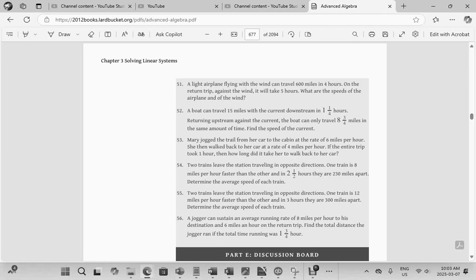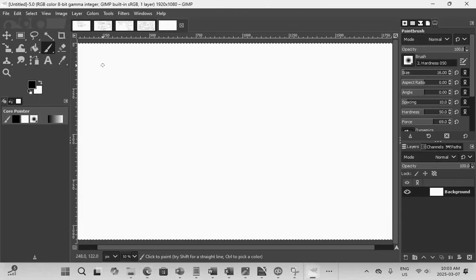The first equation has to do with 600 miles in 4 hours. We need to figure out the equation for the airplane traveling with the wind. Let's assume the speed of the wind in miles per hour is W, and X stands for the speed of the airplane.